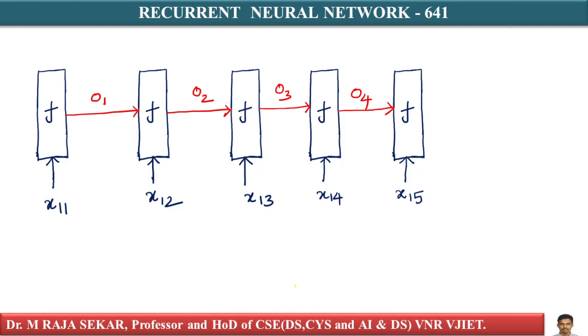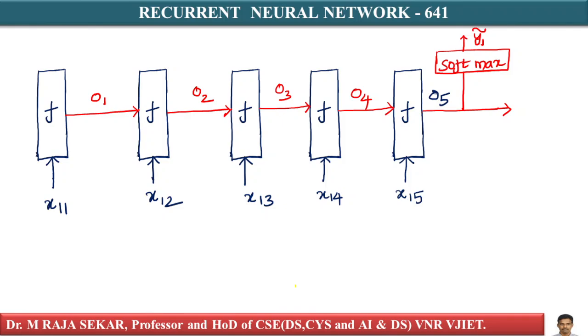You have your x15 also, and this generates O5. Now I will take it as input to a softmax layer. On top of it, from here I will generate yi tilde.